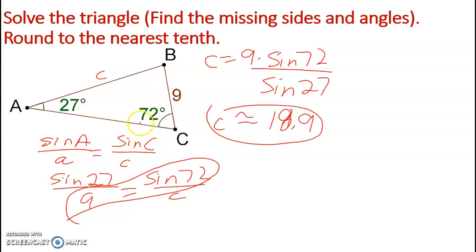Okay, and then we can find angle B. We know that the sum of angles in a triangle is 180.